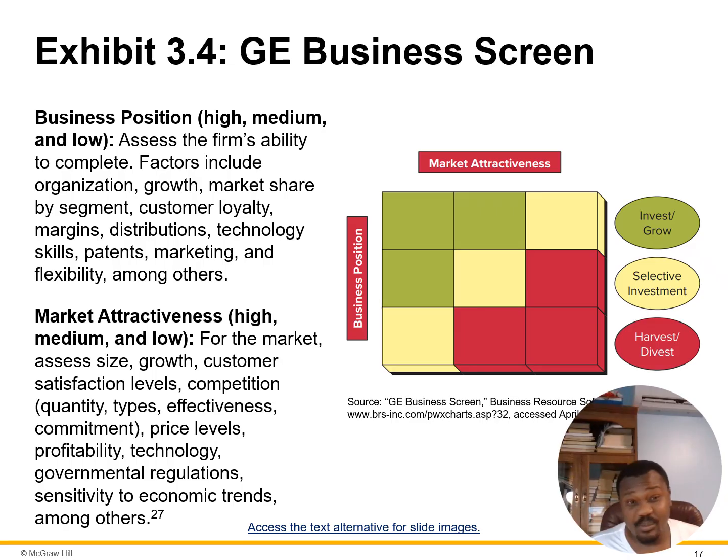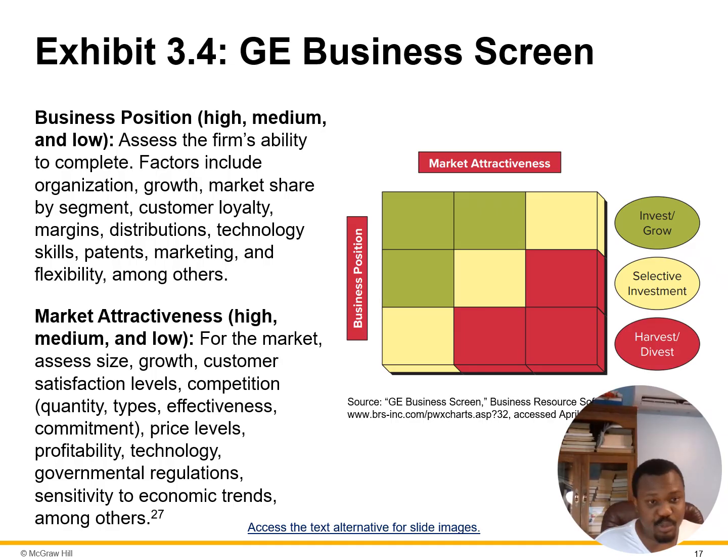So for business position, we look at high, medium, and low, assessing the firm's ability to compete. Factors include organization, growth, market share by segment, customer loyalty, margins, distribution, technology, skills, patents, marketing, and flexibility, among others. All are very important.